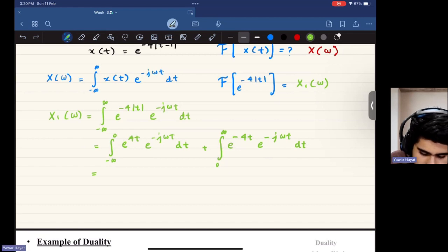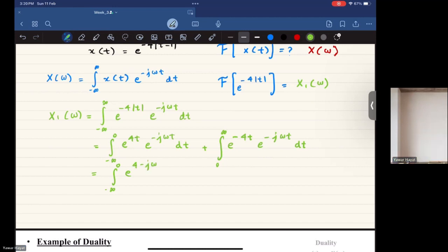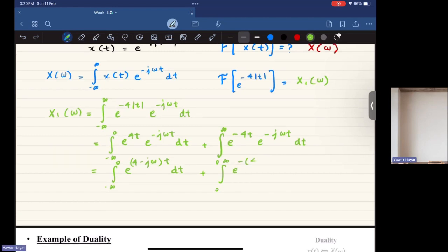Now, minus infinity to 0 of e to the power 4t e to the power minus j omega t, we can simplify as minus infinity to 0 of e to the power 4 minus j omega t dt, right? And similarly, it would be 0 to infinity of e to the power minus, with minus common, 4 plus j omega t dt, right?